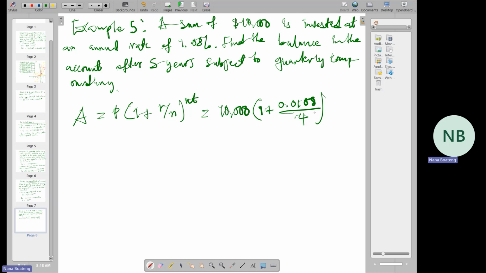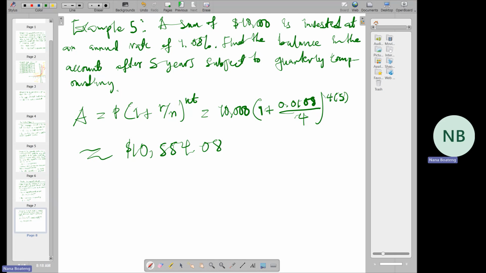And so the power is N times T. N is 4 and T is 5, after 5 years. All right, if we evaluate this on our calculator, I will get approximately 10,554.08.